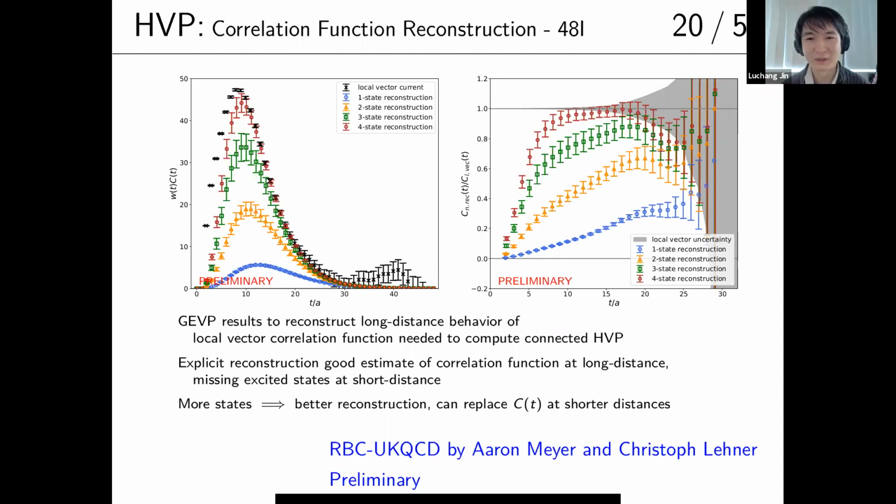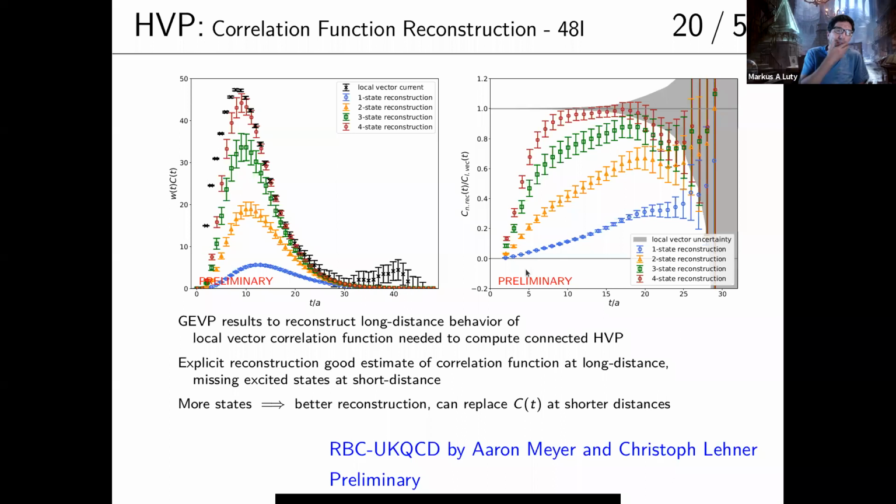Right. It's very hard to get more states though, and with 4 states, it already approximates the entire spectrum very well, especially at long distance. It's because the high energy states' contribution decreases very fast at long distance, because it decreases exponentially.